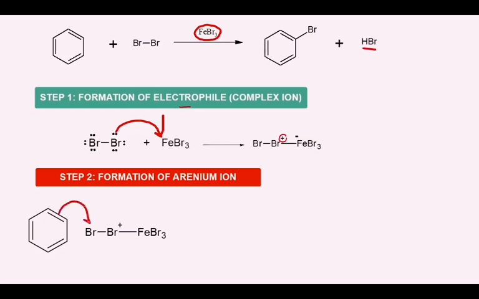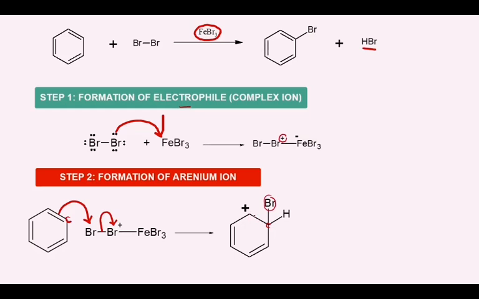It will attack one of the bromines here, which makes this Br bond break, and 2 electrons go to this bromine. So what we get here is that this bromine attaches to one of the carbons of benzene. In this case, I choose this carbon, so this carbon has hydrogen and Br attached to it.